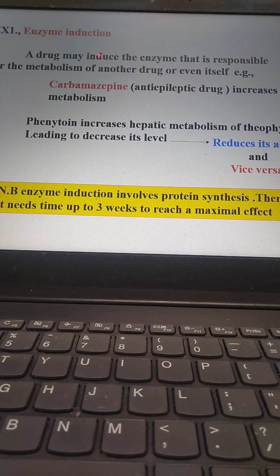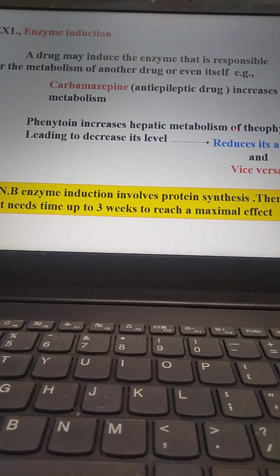Enzyme induction. A drug may induce the enzyme that is responsible for the metabolism of another drug or even itself. For example, carbamazepine, an antiepileptic, increases its own metabolism. That's called auto-induction. Once you give carbamazepine for a longer time to the same patient, it induces its own metabolism and the half-life is decreased.